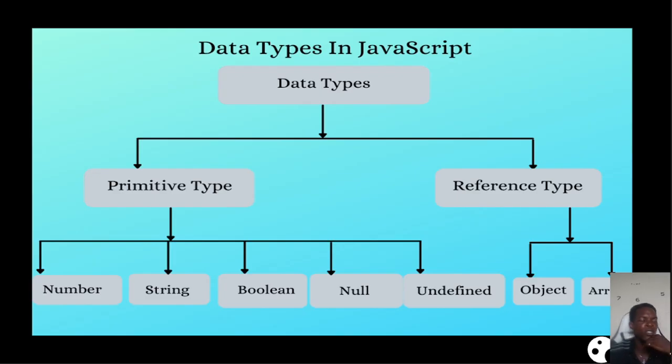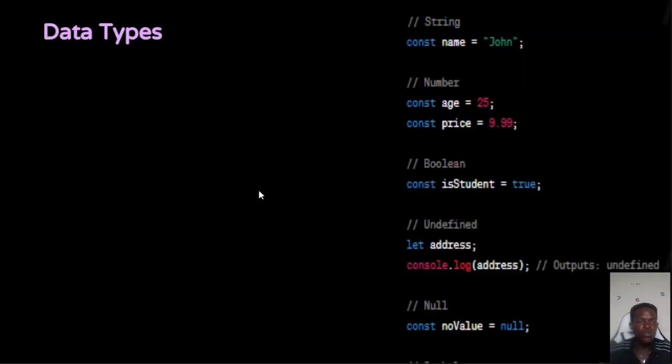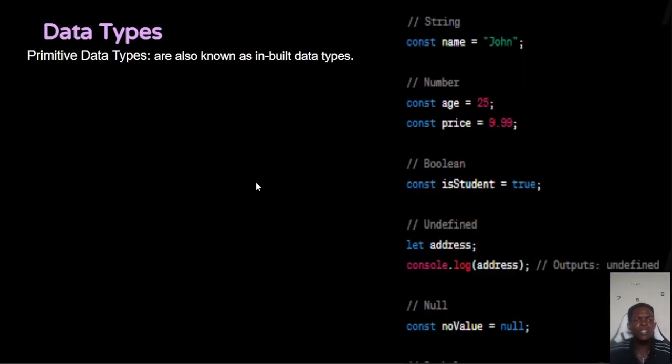So let's just go through the primitive types. Primitive data types are also known as inbuilt data types. The non-primitive data types are a combination of one or two of the primitive data types. Primitive data types are inbuilt, they stand on their own, unlike the non-primitive that depend on the primitive data types.